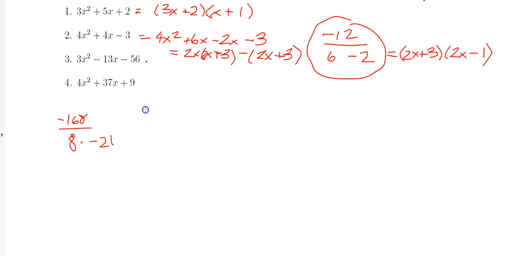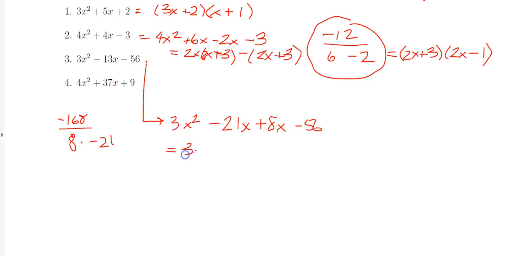So here we can look at 3x squared minus 21x plus 8x minus 56.